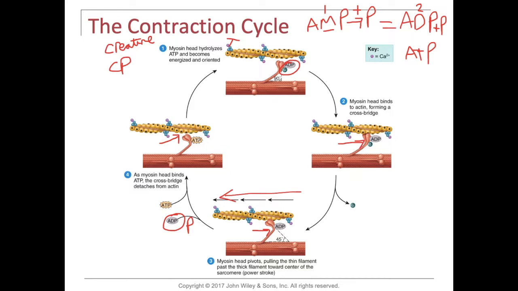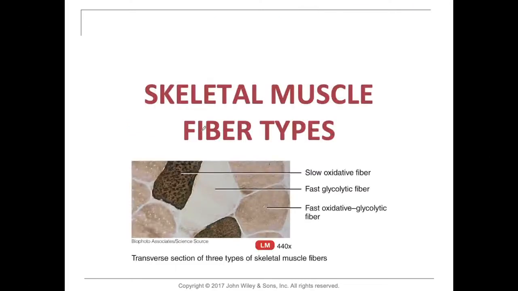They can't make ATP. If you can't make ATP, those proteins are still attached. They stay in a short and contracted state, at least in the early stage of a deceased person. After hours and days, the body does release digestive enzymes to break down all the proteins, so eventually it does release. Okay, so that's a little bit about the contraction cycle.